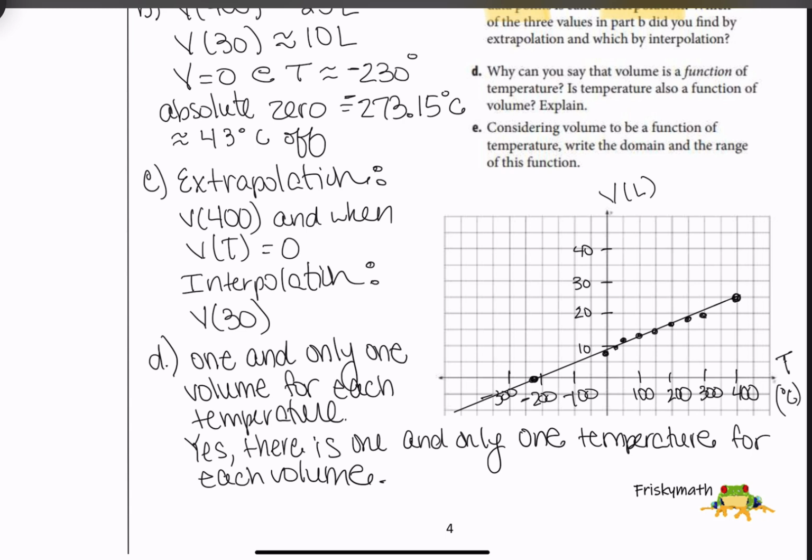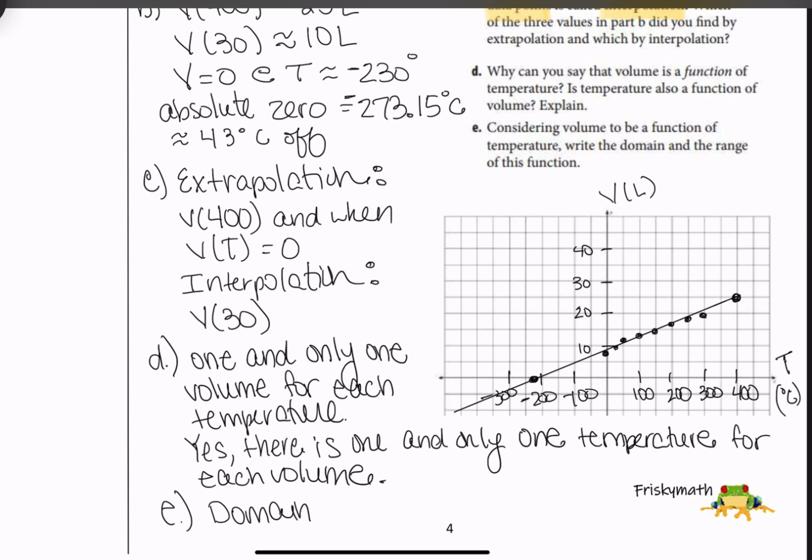All right, moving on to E. Considering volume to be a function of temperature, which we've already been doing, write the domain and range of this function. All right, so the domain: I think we have to be higher than absolute 0 in this situation.